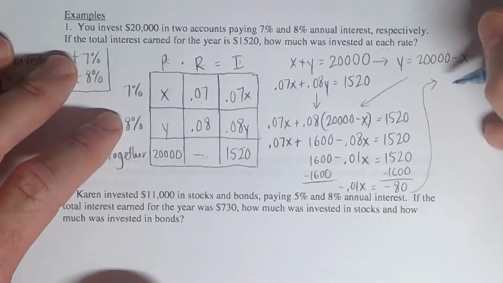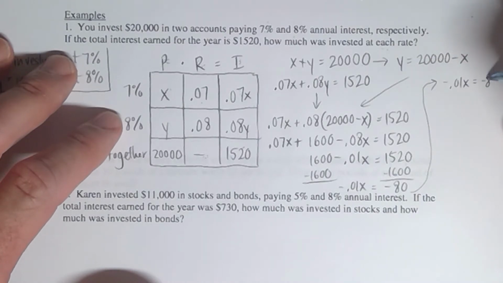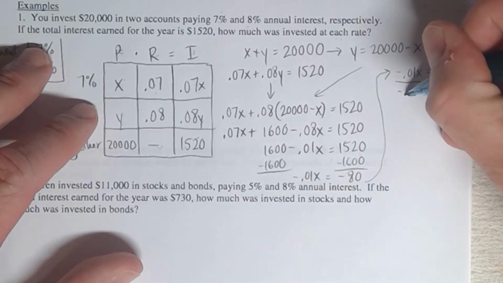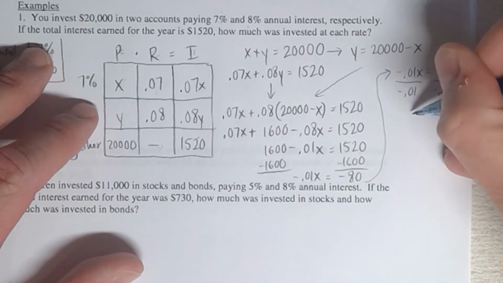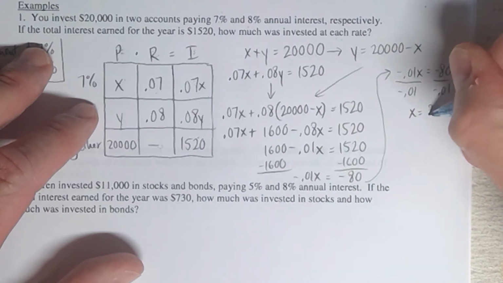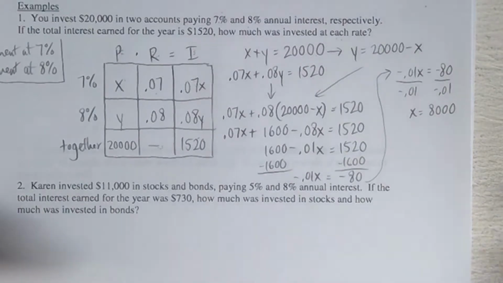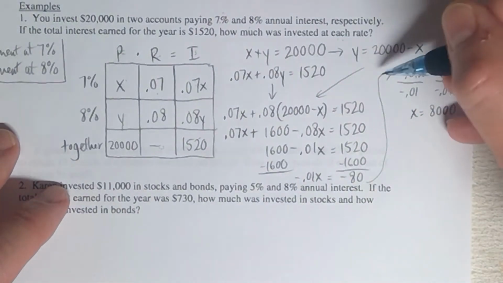I then need to divide out. If I divide out right there by negative 0.01 to get the x by itself, what do I get? And I get x equal to 8,000. Okay.